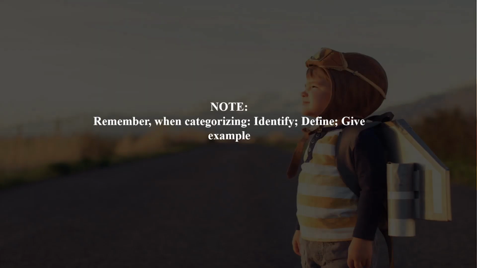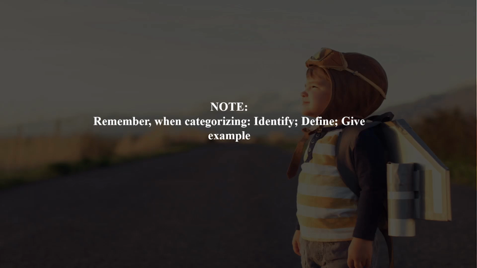Now, one thing that I want you to remember is, in both item 1 and item 2, when you are categorizing, you identify. After identifying, you define. In fact, in item 2, you identify. After identifying, you define.